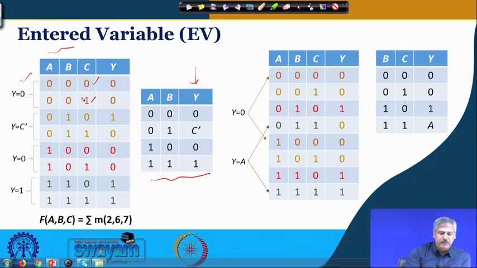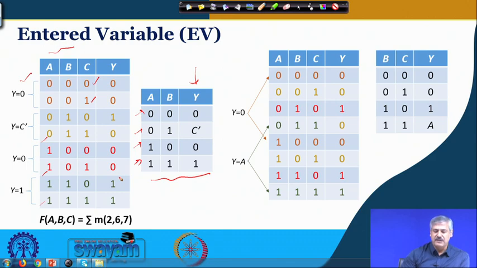Okay. So, we pair it in this manner. So, this is for A B 0 1, this pair is for A B 1 0 and this pair is for A B 1 1. Okay. So, for each of these cases, we get one entry into the truth table where the variable is entered.